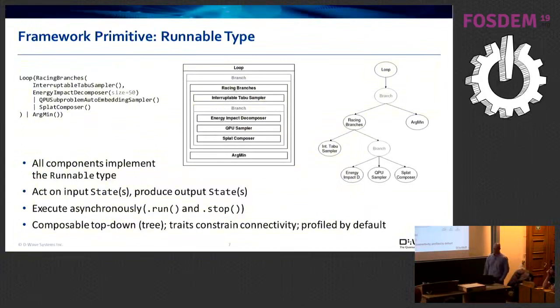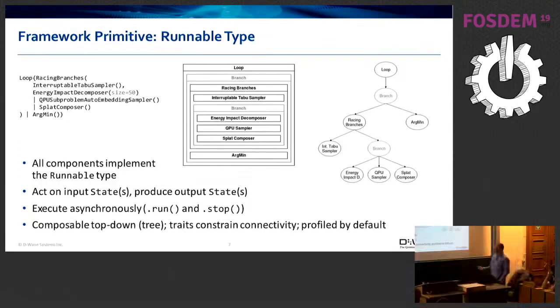As you might have noticed, the basic block is the class, a Runnable type actually, which is composable top-down, as you can see from the example there. This is maybe a more readable representation of the flow which is being executed here. So we have branch, tracing branches, arguments, samplers, and all that.